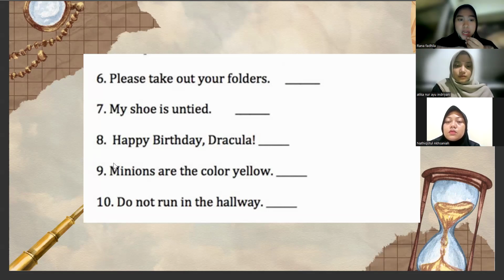And number 9 is a declarative sentence because it contains a subject and predicate. The subject is minions and the predicate is of the color yellow. And number 10, do not run in the hallway, is an imperative sentence because there is no exclamation mark.